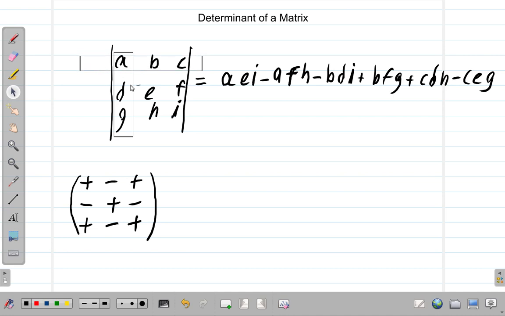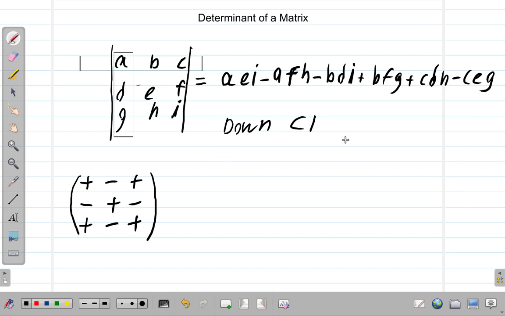And we're covering A here. We're going to go down column 1 and see what happens. A is covered.